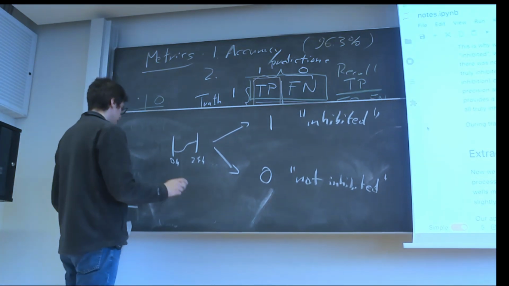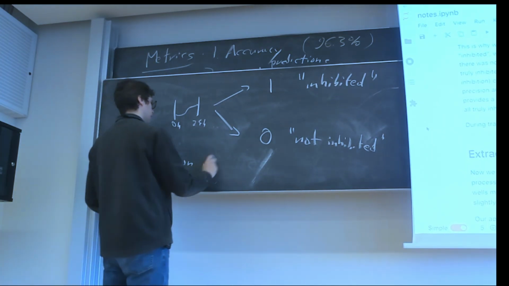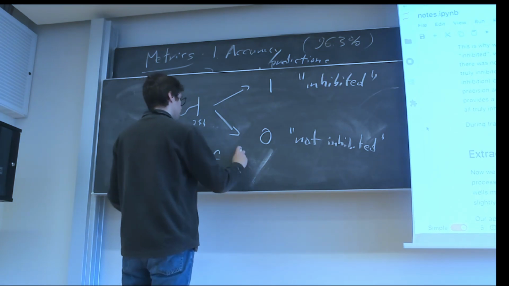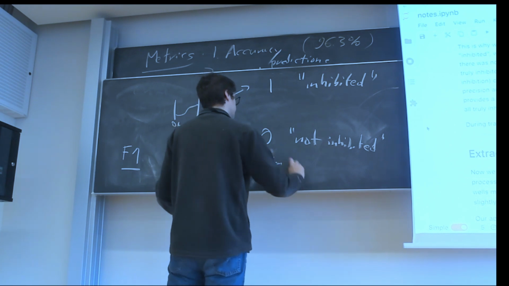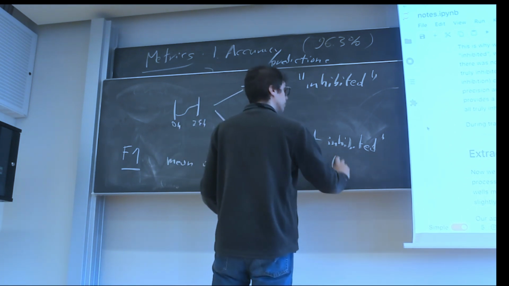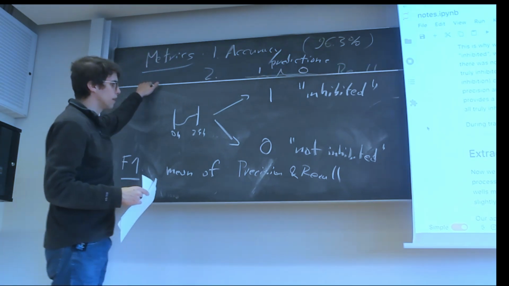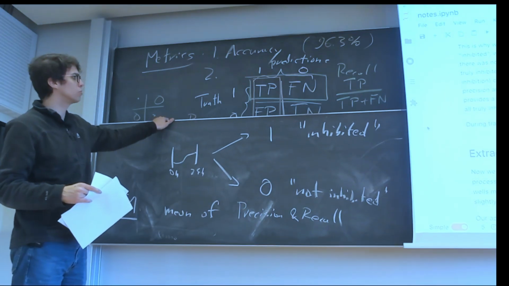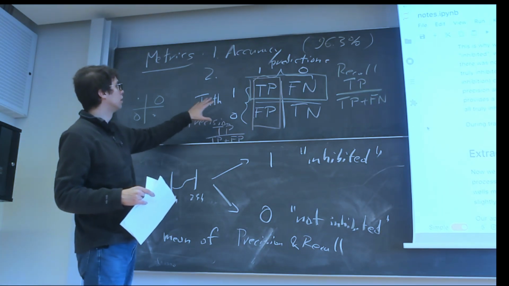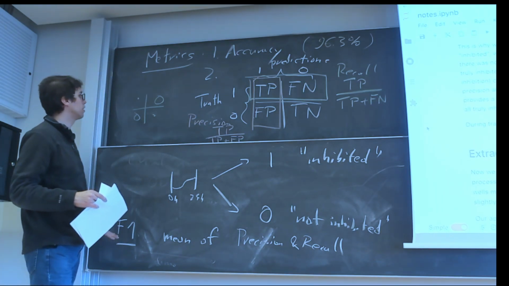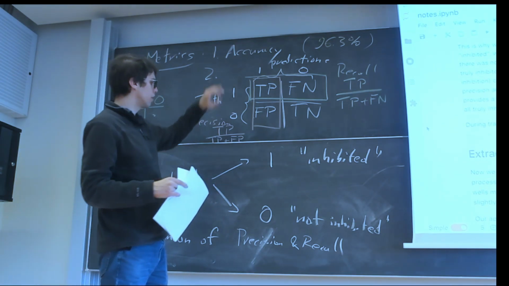The F1 score is just a mean of precision and recall. It's the harmonic mean, but that's not that important. It's something between precision and recall. It's well defined. It's not the arithmetic mean, but the harmonic mean. If we're increasing precision and recall at the same time, then we're increasing F1.